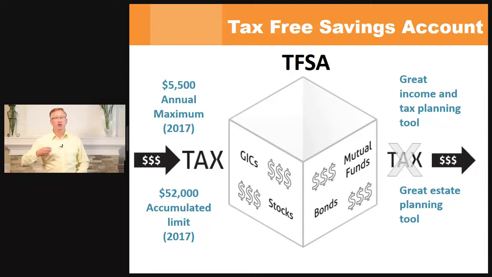So when they take that money out of their tax-free savings account, they don't have to pay tax on that $25. Is that really saving you a whole lot of money? If you are in a 41% tax bracket, how much money have you really saved in taxes on that $25? About $12? Is that life-changing?